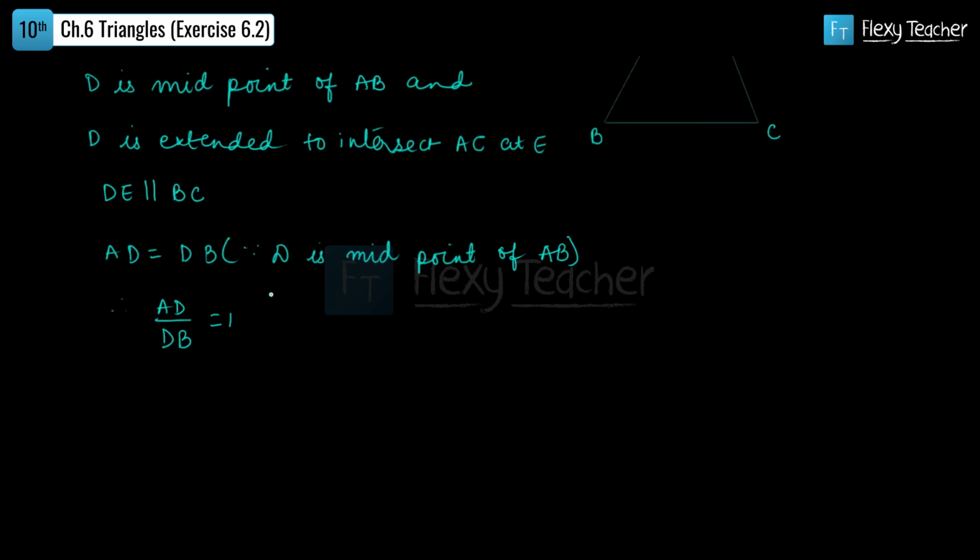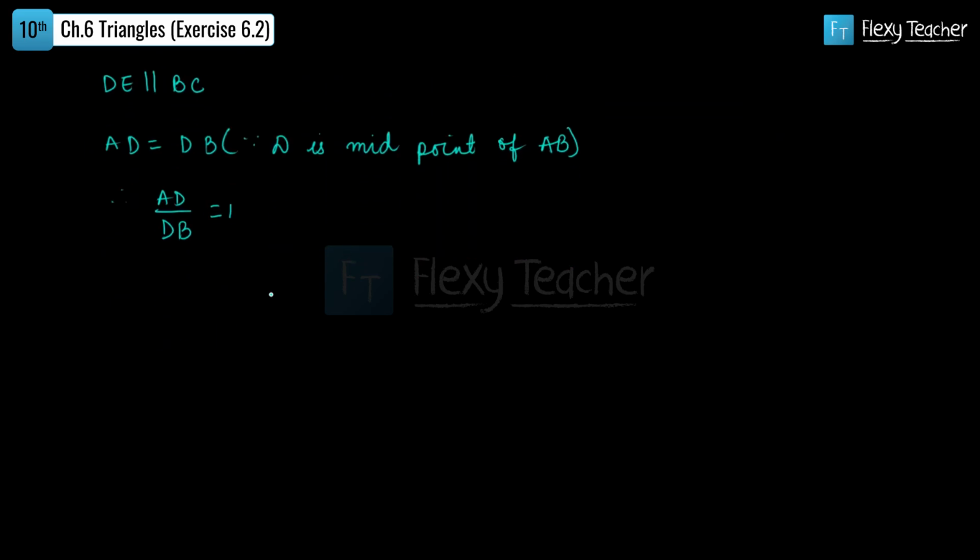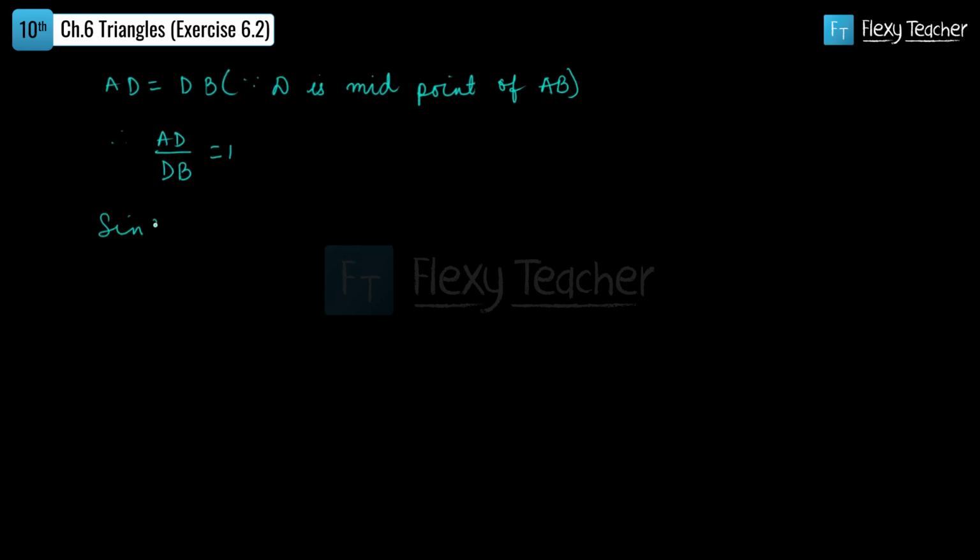Because DE is parallel to BC. Okay. Now since DE is parallel to BC, with the help of theorem 6.1, we can say that AD upon DB is equal to AE upon EC. Basic proportionality theorem.